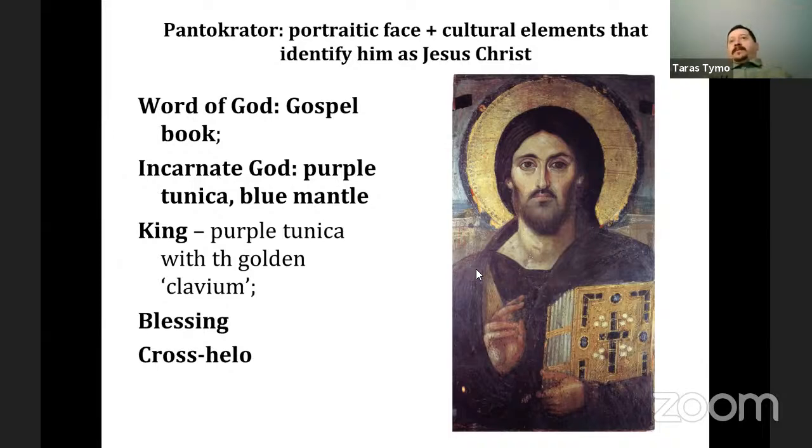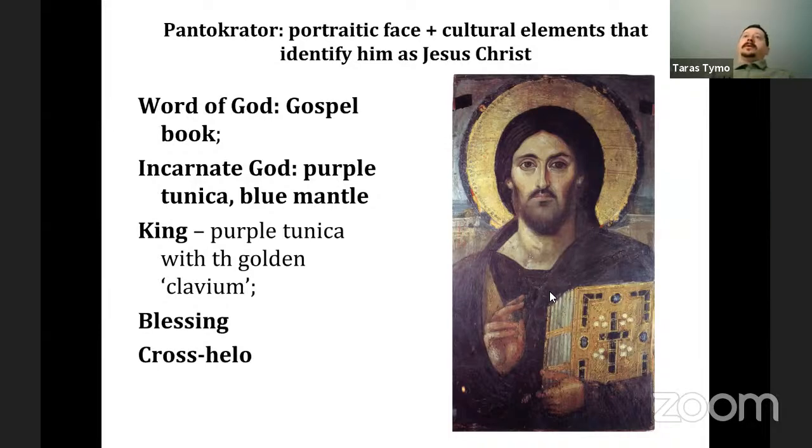The colors of the dress are not very well visible on this particular icon, but it's always a fiery red, fiery purple color of the shirt underneath, the tunica. The meaning of this red color is that it's the fire of divinity that is in the essence of Jesus.